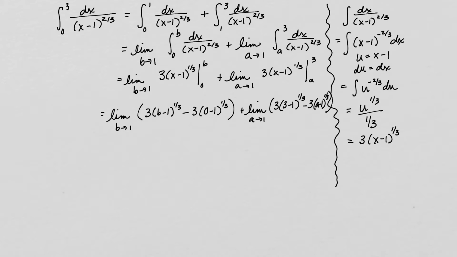So I split it. This goes back to Calc 1. In Calc 1, you learned that the integral from a to b of f of x dx is equal to the integral from a to c of f of x dx plus the integral from c to b of f of x dx.